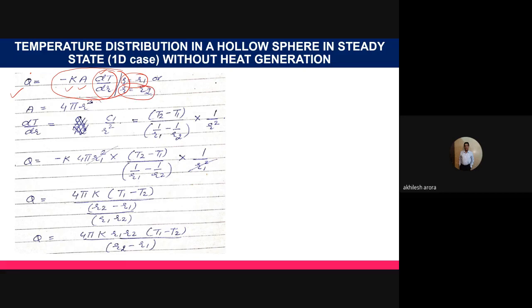And you know the area is equal to 4 pi R square in case of a sphere, and the dT by dR value was given by C1 over R square. So this is the value of C1, T2 minus T1 divided by 1 over R1 minus 1 over R2, and here we have 1 over R square. So this value of dT by dR we can calculate at R equal to R1.